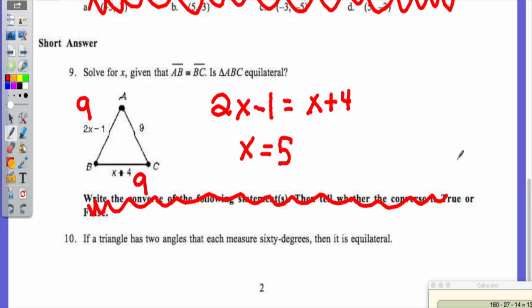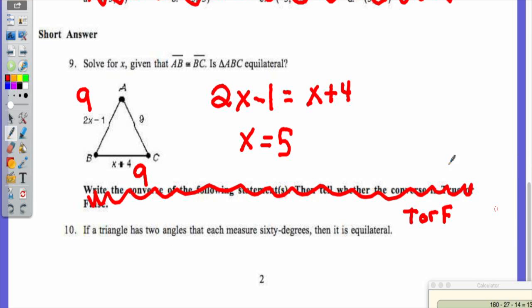Now for number 10, the one I give you on the test, I change this. I'm not having you write converses, just tell me if it's true or false. So even if you don't have a clue, you got a 50-50 chance, right? Now, if you have a triangle and two angles each measure 60 degrees, well, all three of them have to measure 180, right?